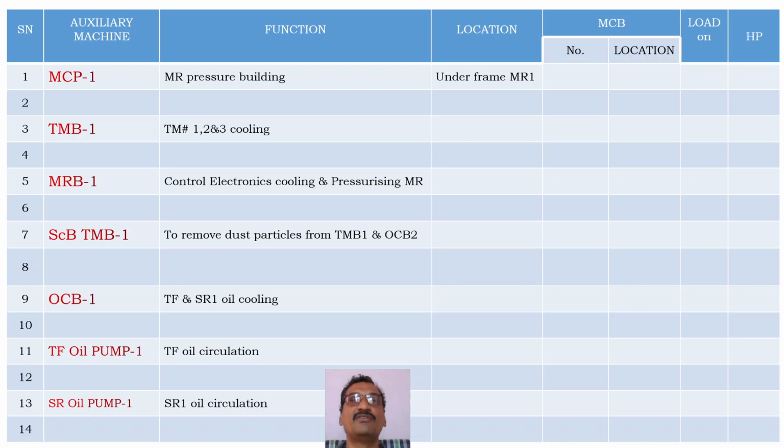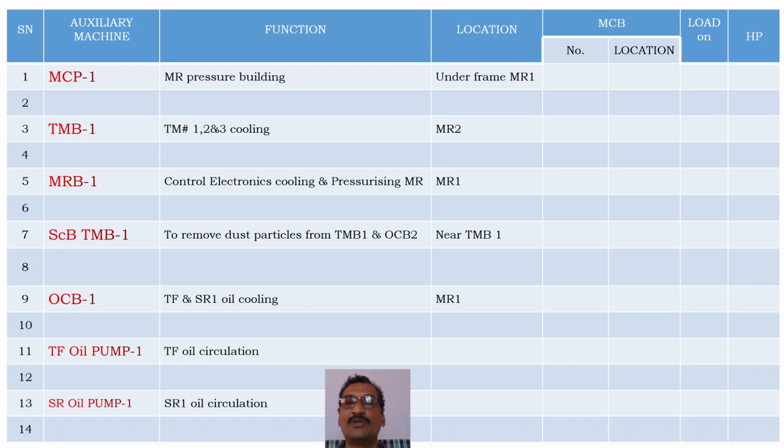Coming to the locations, the MR pressure building MCP is located at the underframe, and TMB1 is located in MR2, emphasizing MR2, machine room 2. The MR blower is in MR1, machine room 1, and the scavenging blower for TMB1 is near TMB1.